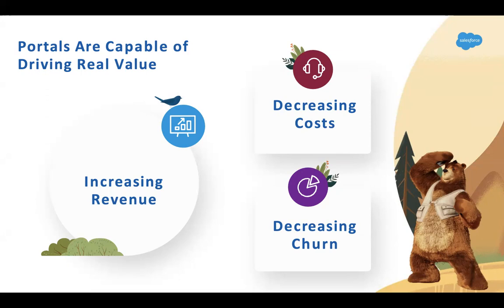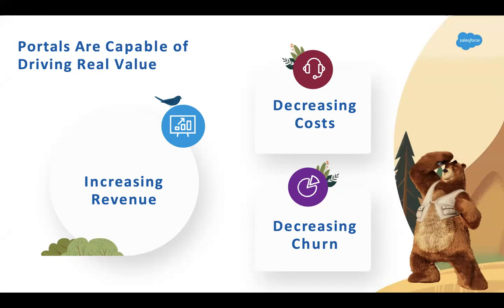That's where the real value comes in with the different digital metrics, which include the portals and web experiences, automatically giving a lot of revenue increment and decreasing cost and churn as well, right?